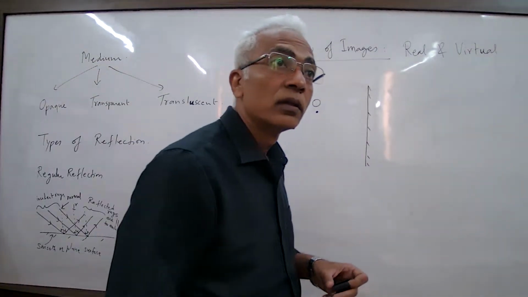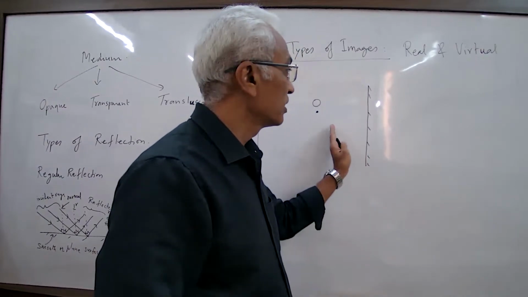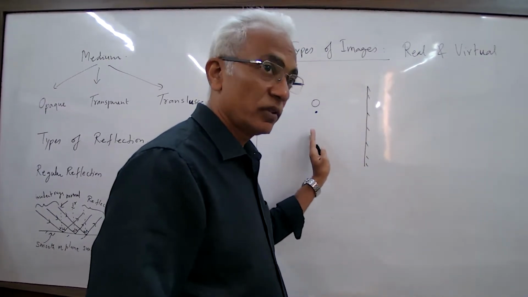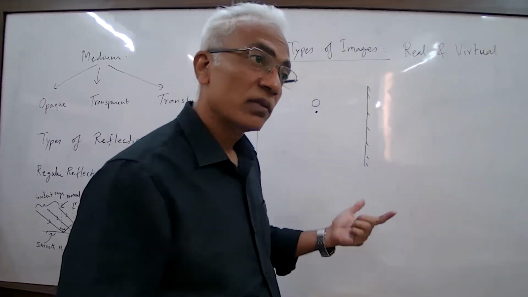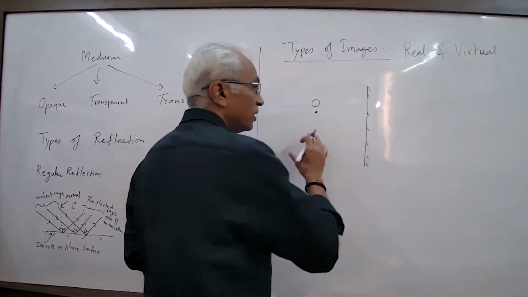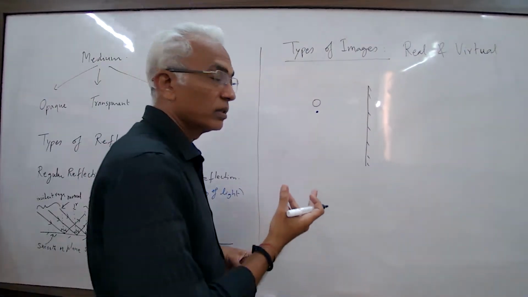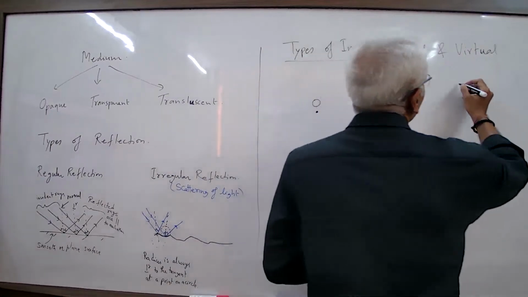Is it virtual, is it real? Yes. Same distance: the image is the same distance behind the mirror as the object in front of it. Right. And same size as the object. Okay. Is there any lateral inversion? Yeah. There is a lateral inversion also. So, these are some properties.